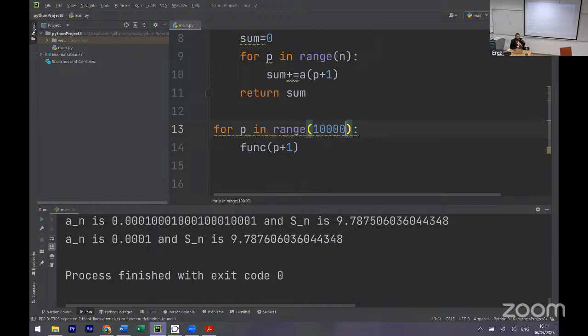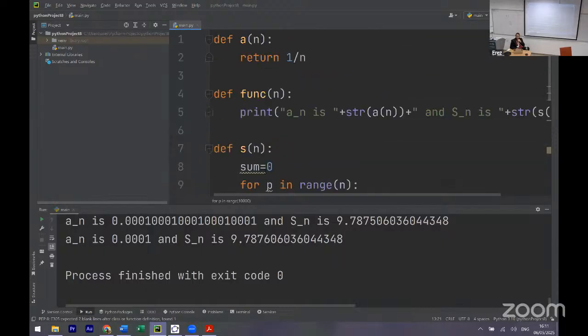It tends to 0. But what about the sum? So the question is whether it's bounded or unbounded. Sorry. So let's look at 1 over n squared. Do the same.